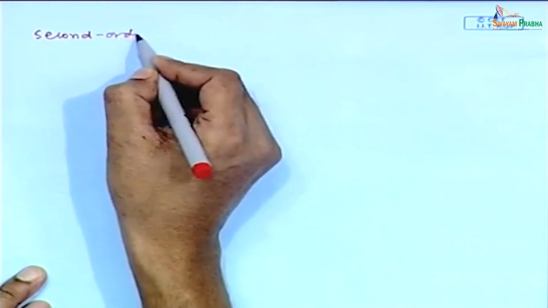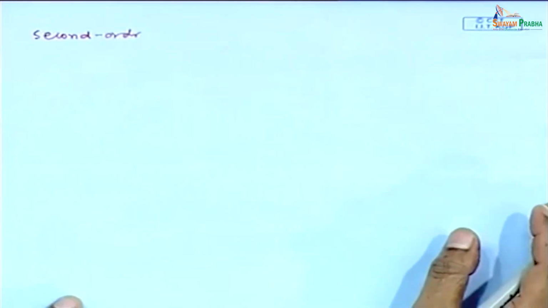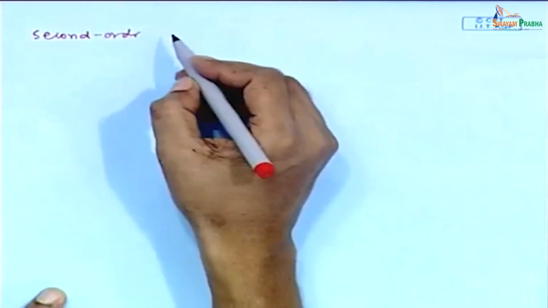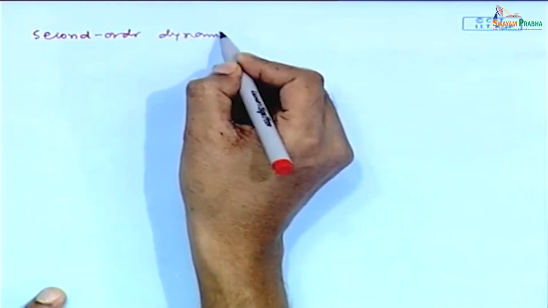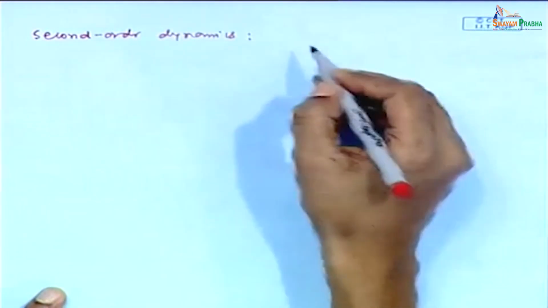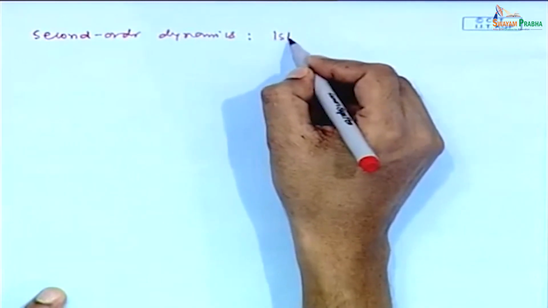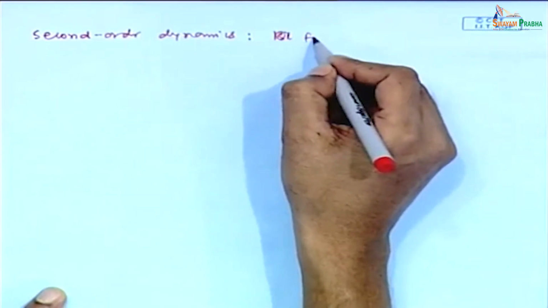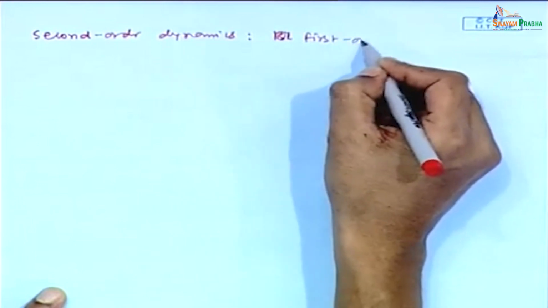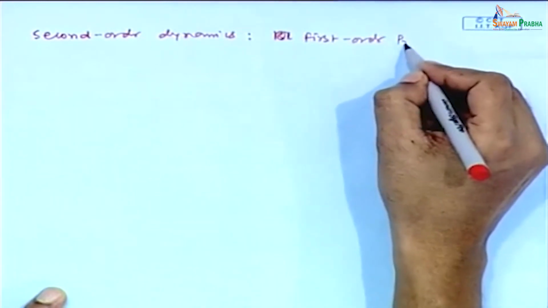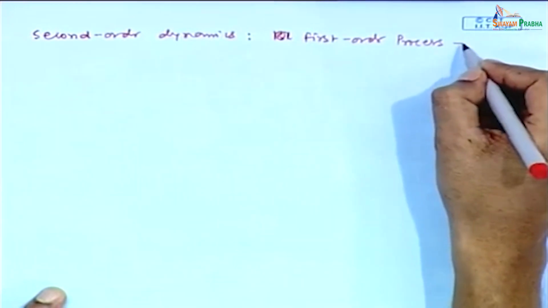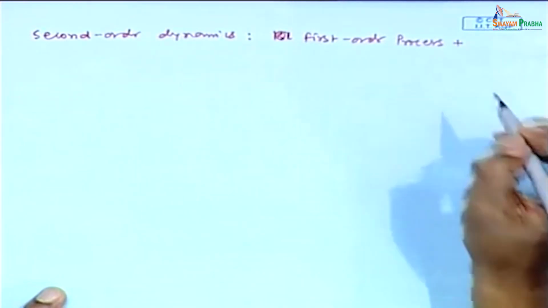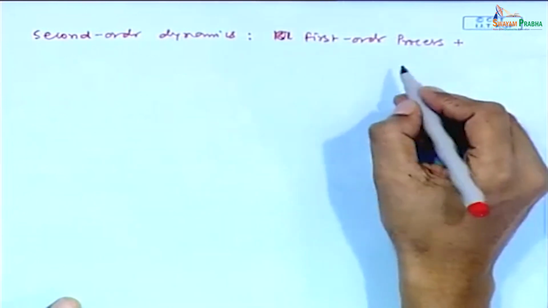We wish to observe the higher order dynamics, I mean second order dynamics, for the case of a first order process configured with a controller.